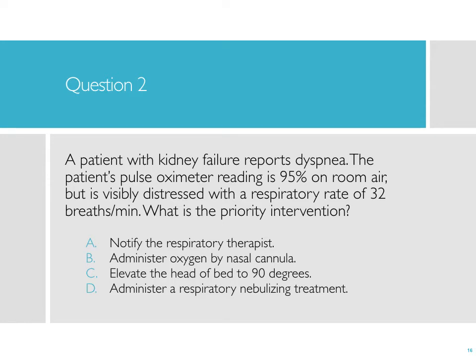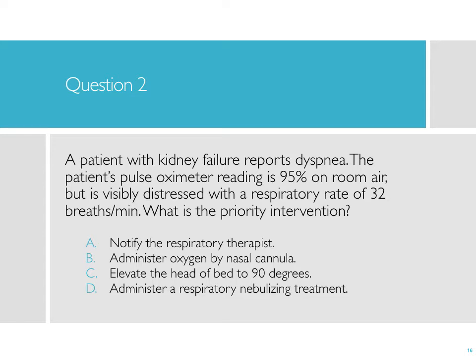A patient with kidney failure reports dyspnea. The patient's pulse oximeter reading is 95% on room air, but is visibly distressed with a respiratory rate of 32 breaths per minute. What is the priority intervention? So you're kind of reading this one and going, well, this sounds like a lot of respiratory stuff, but we have to worry about this person because they have kidney failure.